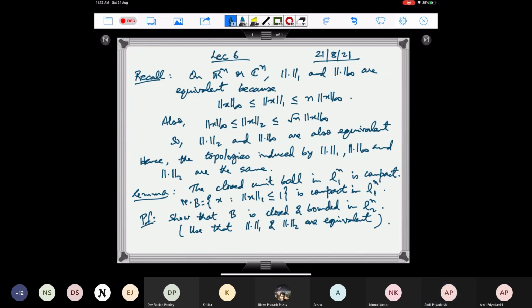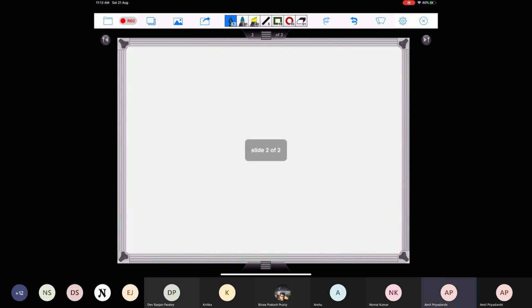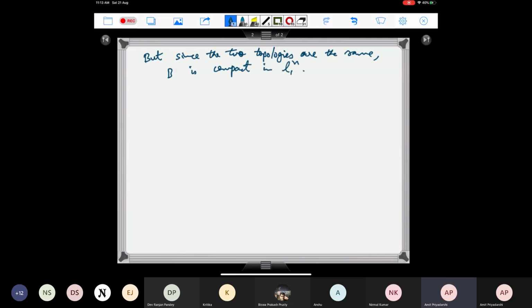Therefore, this will imply that B is compact in the space L2, but since the two topologies are the same, this B is compact in L1. So this is done.